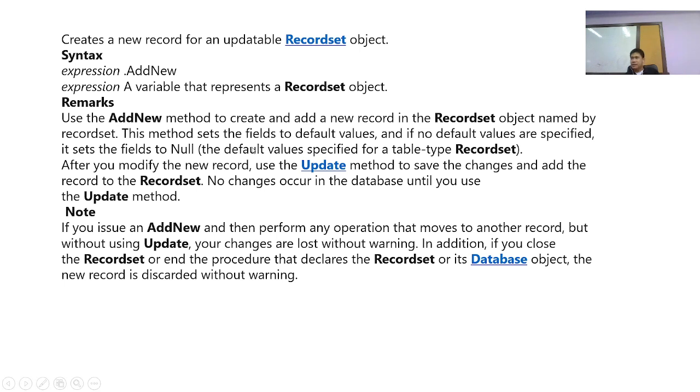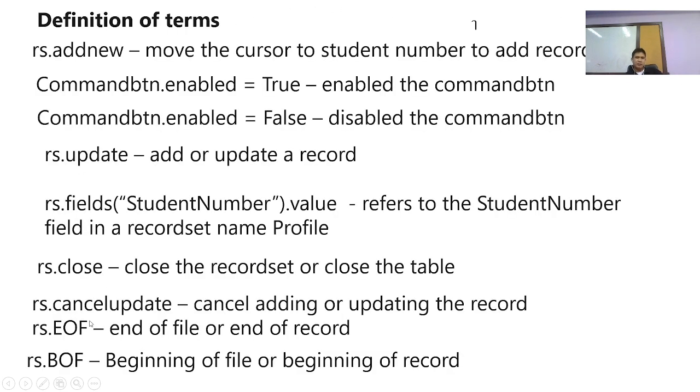Visual Basic is waiting for you to add records, and the only way you can cancel this add new is rs.cancel update, if you want to cancel adding or updating the records. So be careful when using rs.addNew.